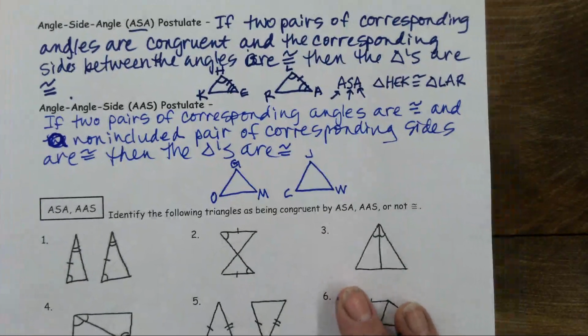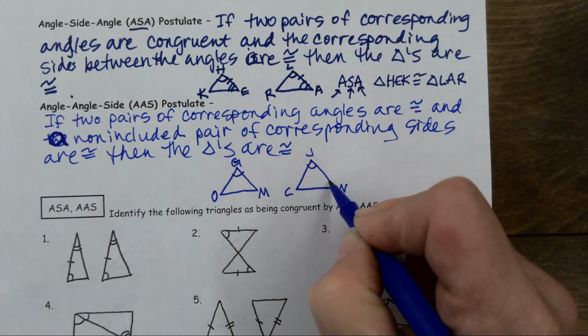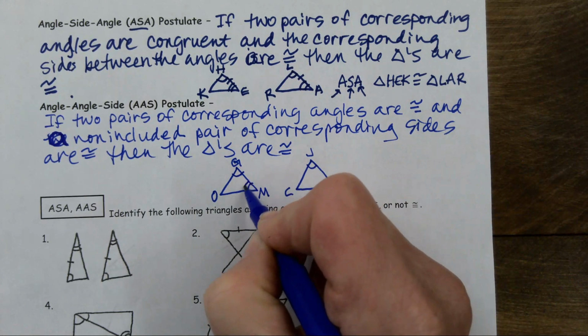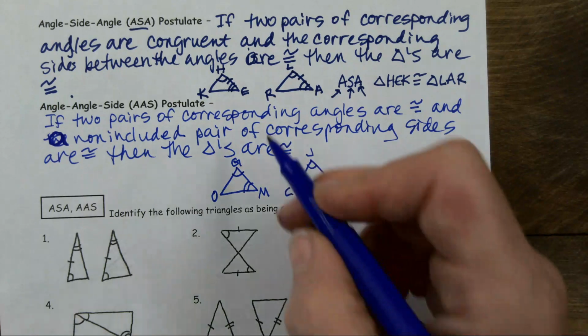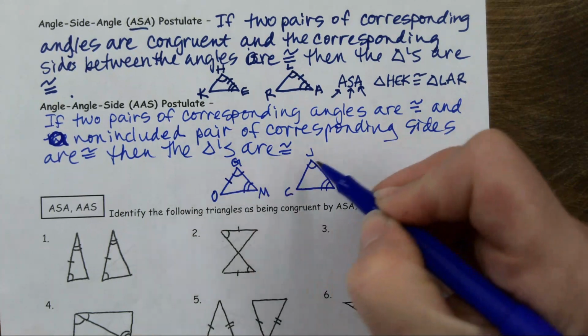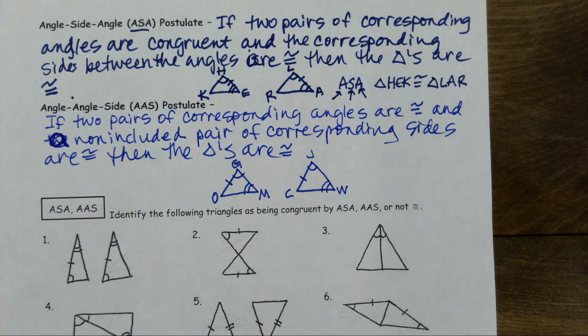This would be two angles marked, but the side cannot fall between them. So it would have to be a side that doesn't go between the angles. Does that make sense? Can you see what I'm talking about there? Because that's a tough one for people to get. Like, how do I know what we're talking about?